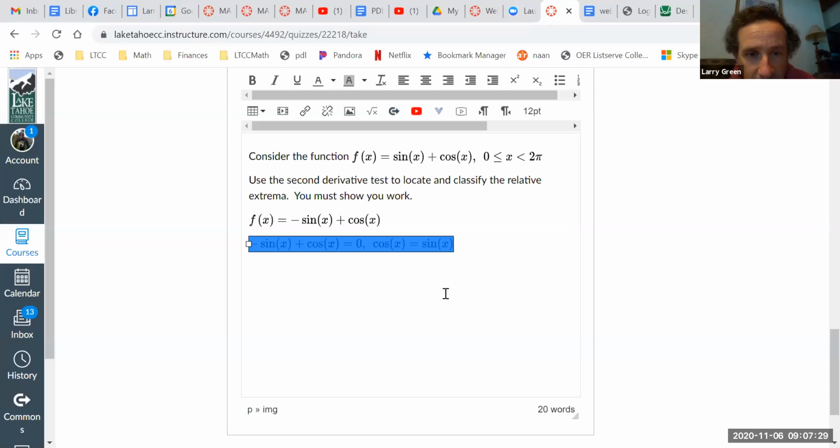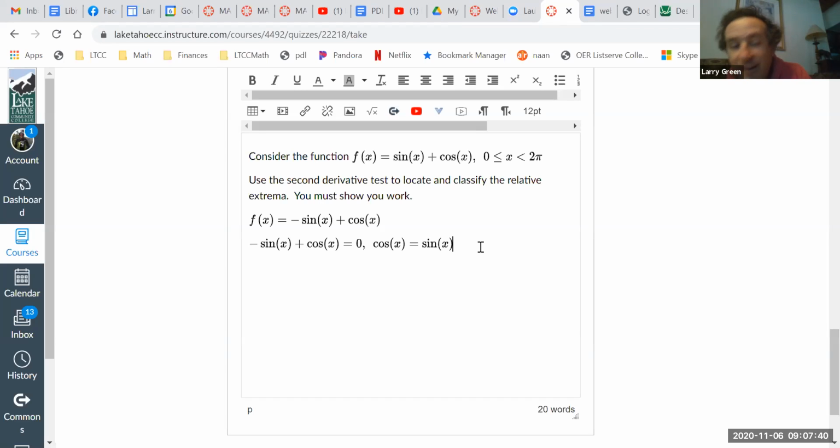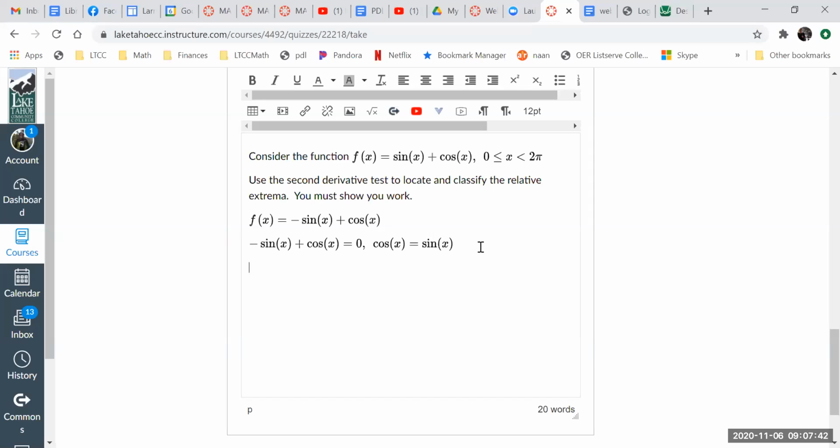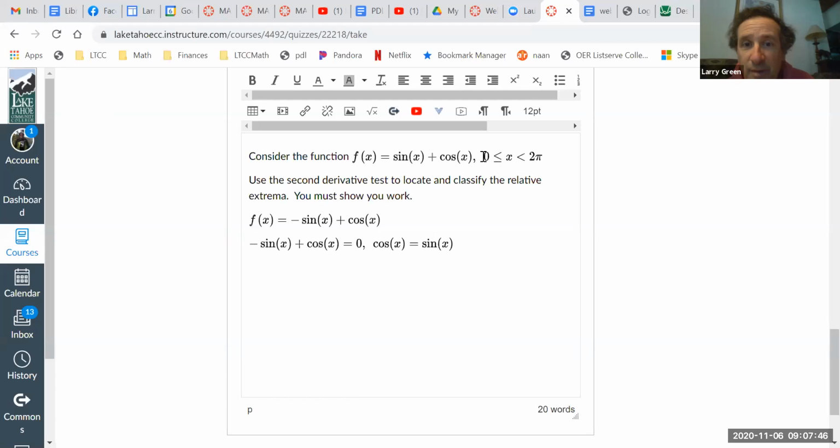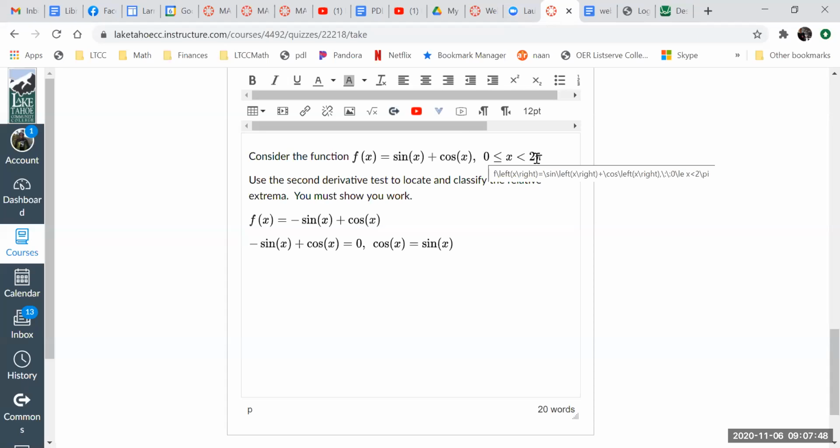Any questions so far? Okay, where are the sine and cosine the same? What angles? And yeah, you are responsible for knowing that. Pi over 4 is one of those. And I specifically said between 0 and 2 pi.